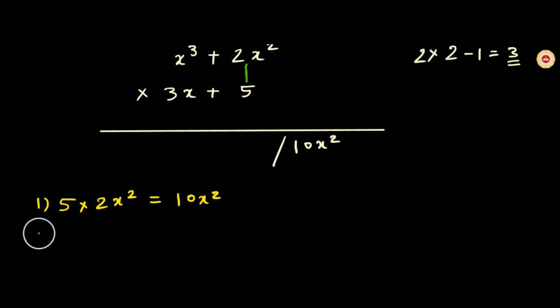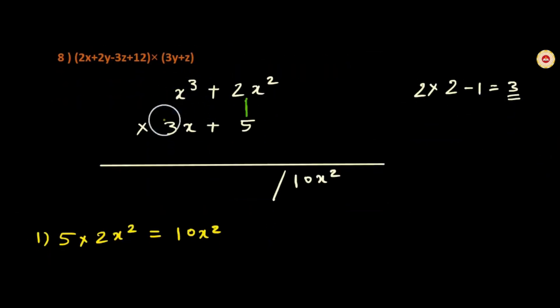Now second step is, join this second column to the first column. Now there are two columns. How do we multiply the digits or terms in two columns? Crosswise. 5 multiplied by x cube plus 3x multiplied by 2x square.